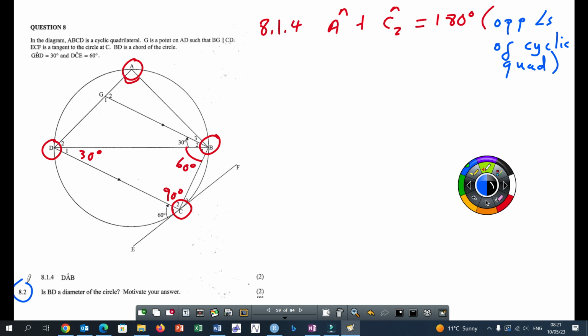Which, okay, can be acceptable, because the whole idea is actually problem solving here. Yes? It's acceptable because if you have no other way, then you might have to prove that BD is a diameter.